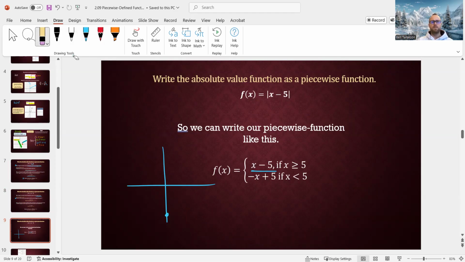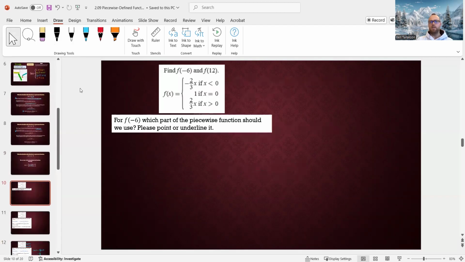I'm noticing some issues arising, so we're not going to graph that for now. You also are not going to be asked to graph that. So let's focus on a problem that takes what we've learned today, but applies it in a different way.